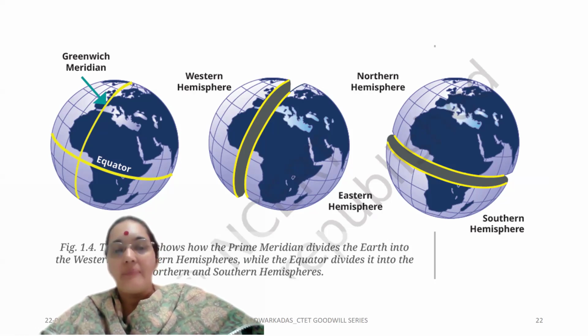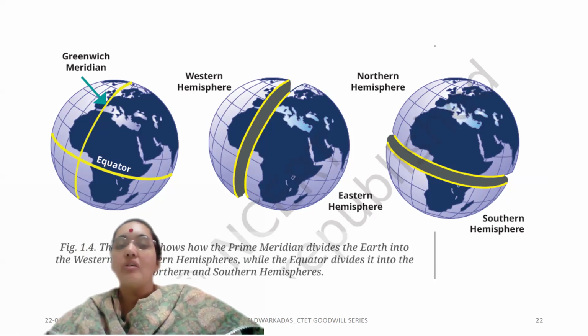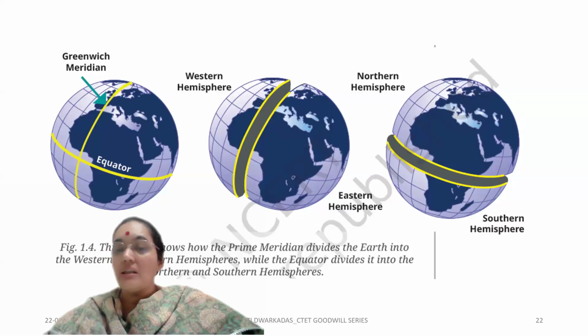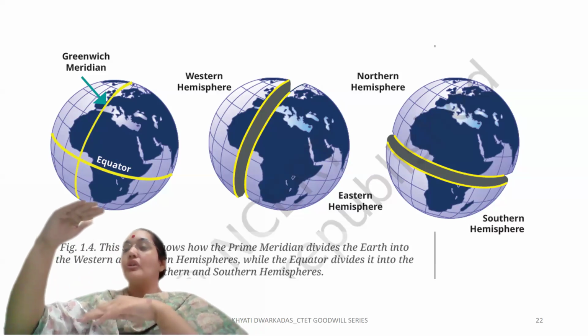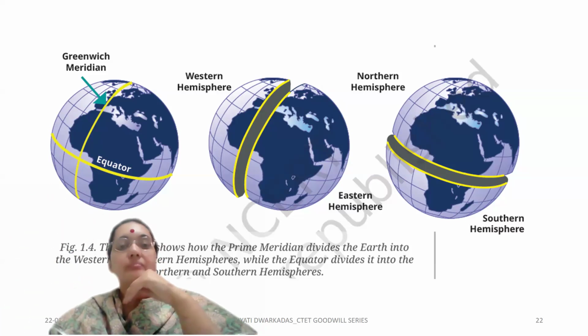In the second diagram, you can see the 0 degree longitude or the Greenwich meridian dividing the earth into two parts, the western hemisphere and the eastern hemisphere. And in the third diagram, you're able to see 0 degree latitude dividing the earth into the northern hemisphere and the southern hemisphere.